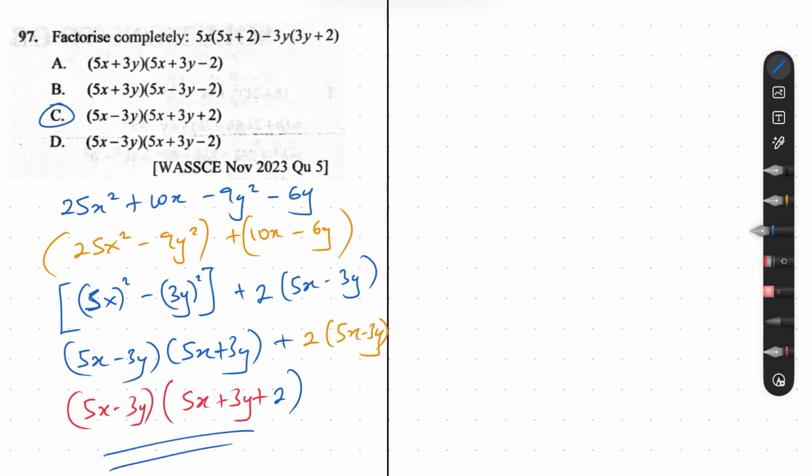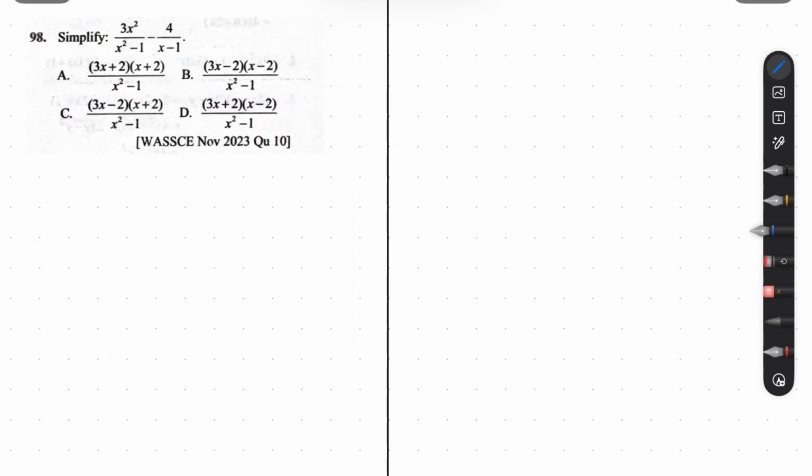Cool. Let's move on to question number 98. Question number 98 says simplify this expression. So we just find the LCM. The LCM is x squared minus 1. And we know that x squared minus 1 is x plus 1, x minus 1, a difference of 2 squares. So x squared minus 1 goes into x squared minus 1 once, and that 1 will multiply 3x.